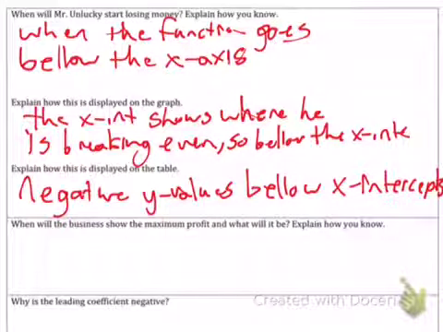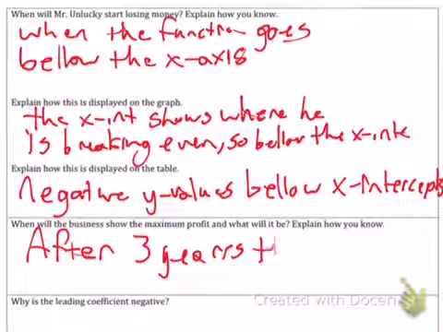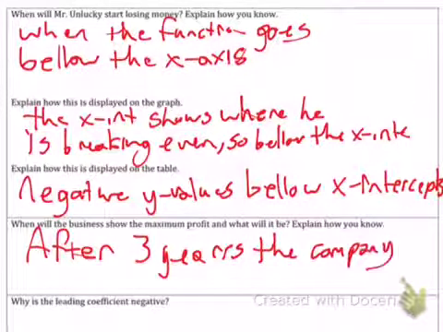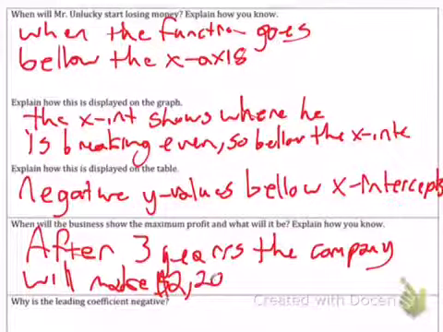When will the business show the maximum profit? After 3 years, the company will make $2,200,000.